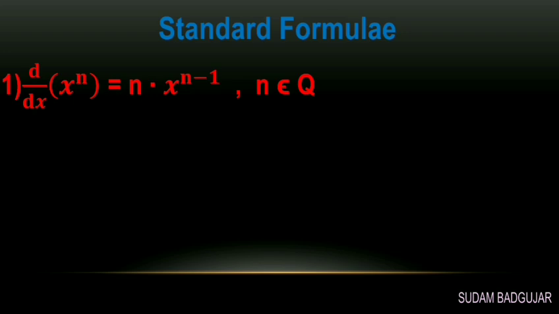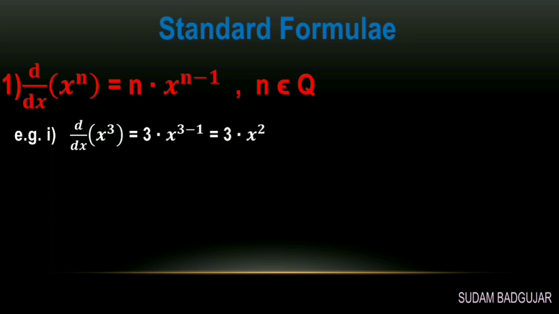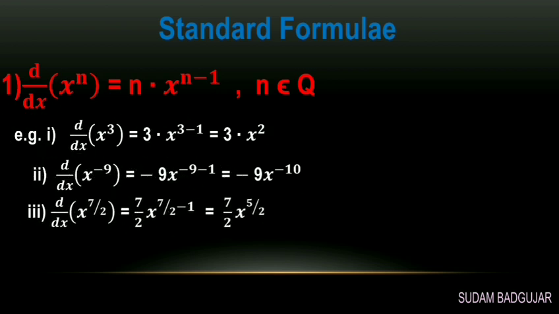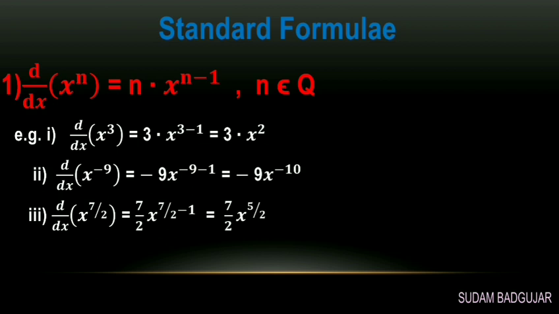So, this type is nothing but derivative of variable raised to number form. For example, derivative of x cube is nothing but 3 into x raised to 3 minus 1, that is 2, means 3x square. Another example, derivative of x raised to minus 9. It becomes minus 9 into x raised to minus 9 minus 1, which is minus 9 into x raised to minus 10.